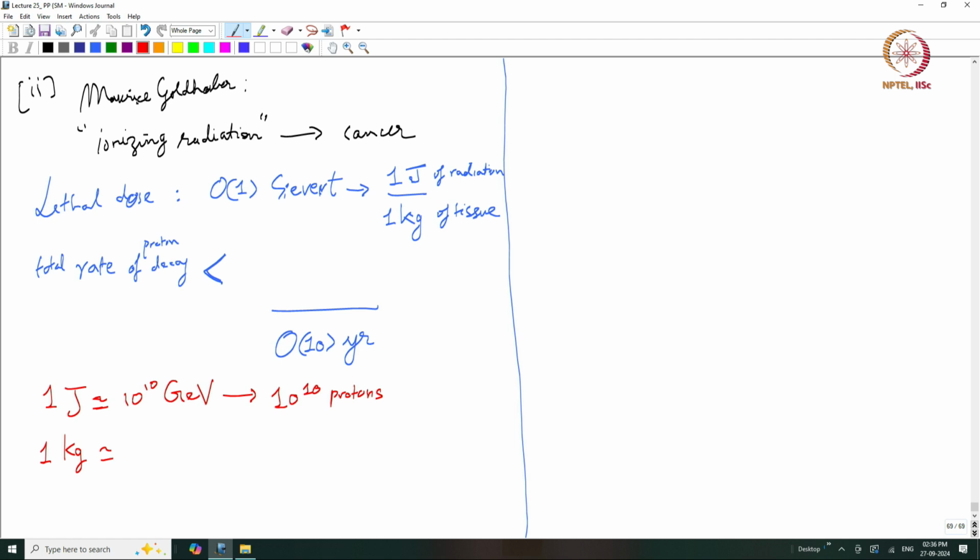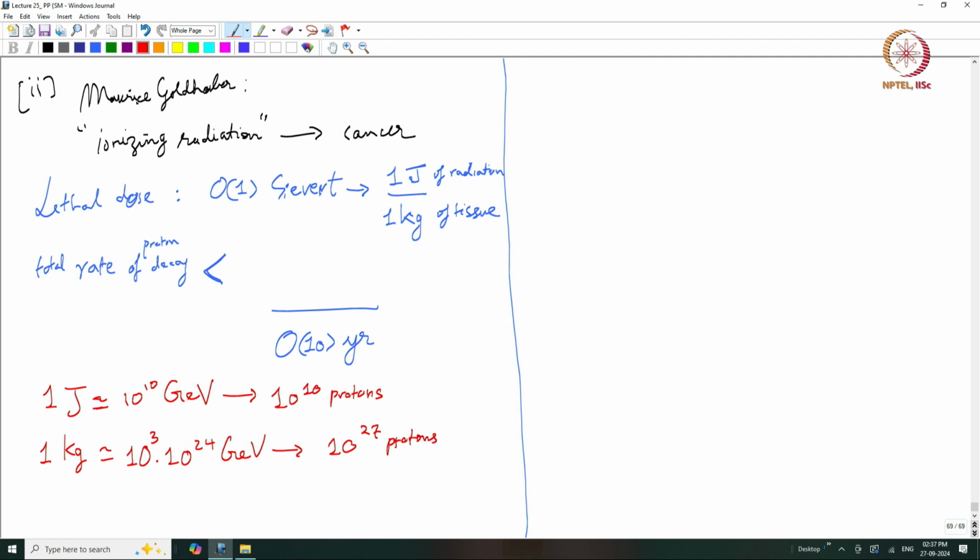You can go use the concept of a mole and all that, and you will find that at the end of the day, to the correct order of magnitude at least, it is like Avogadro number, which I am going to just take as 10 power 24. We are just calculating orders of magnitude here. That is for a gram, this is a kilogram, and that would correspond to 10 power 27 protons.